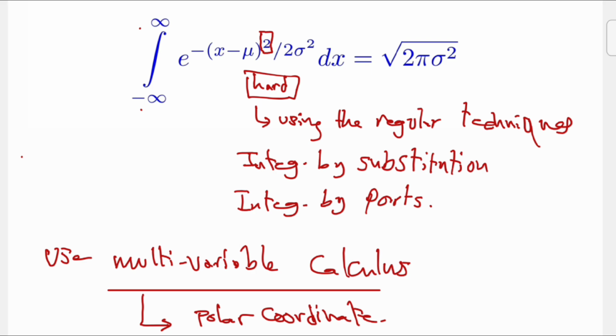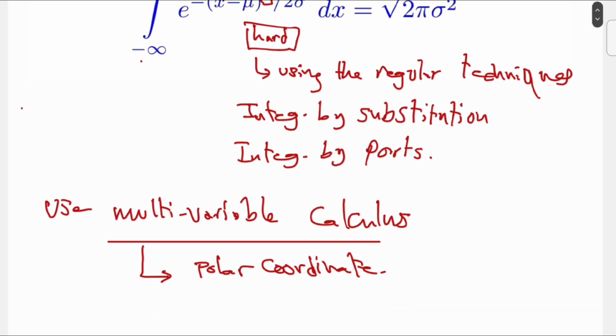First of all, we use integration by substitution to simplify the integral. So this is method 1.